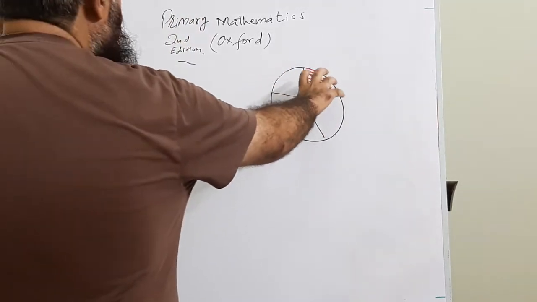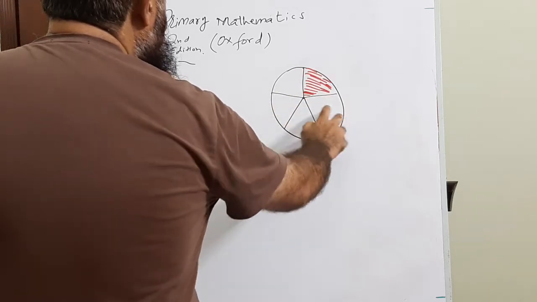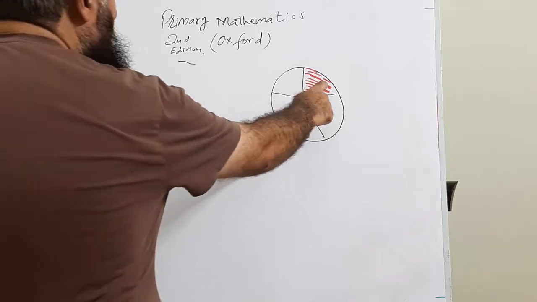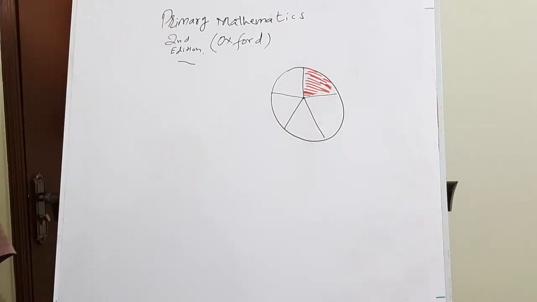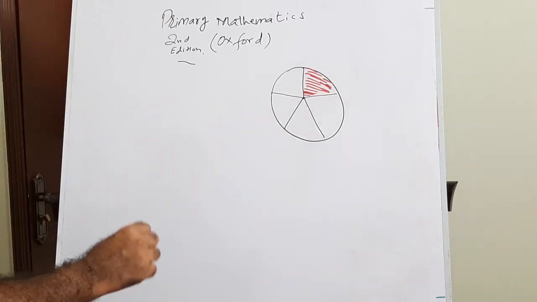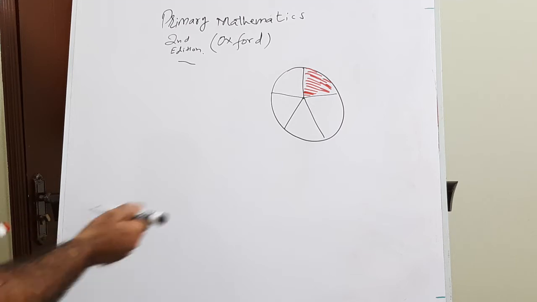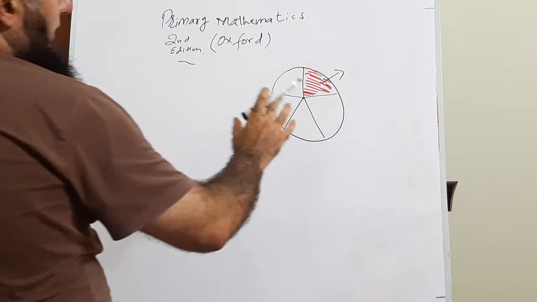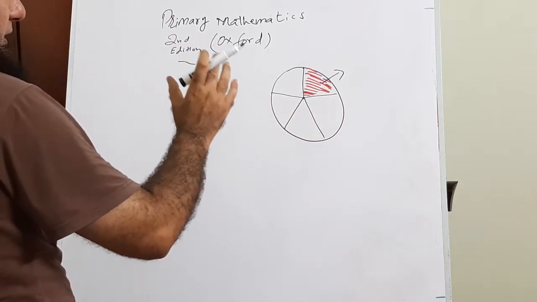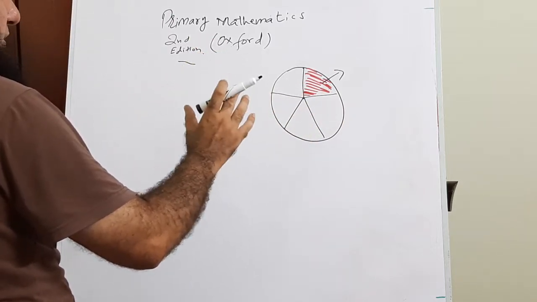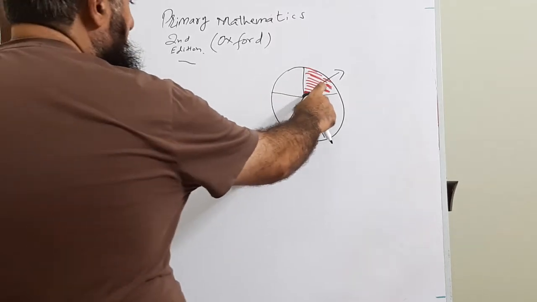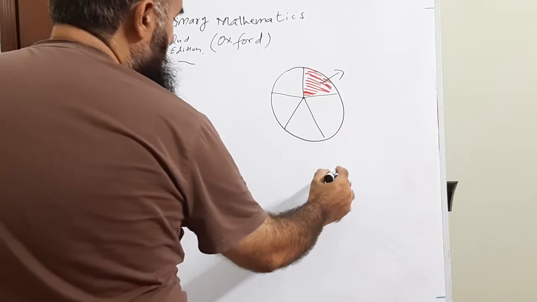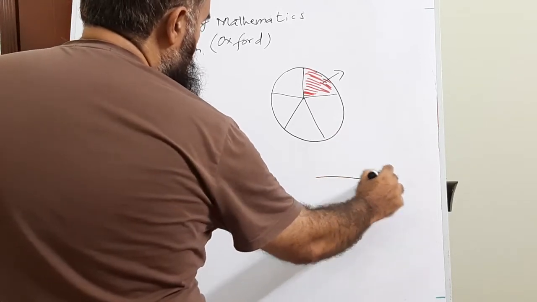So this circle has total 5 parts: 1, 2, 3, 4, 5. Out of these, only this part is shaded. So we need to tell what fraction of each circle is shaded, and how we can write it in terms of fractions. Fractions will be told with respect to the whole. There are 5 parts, so we will do the same.